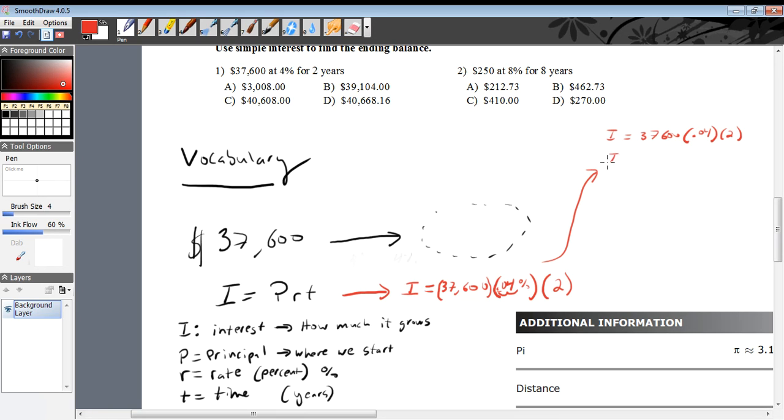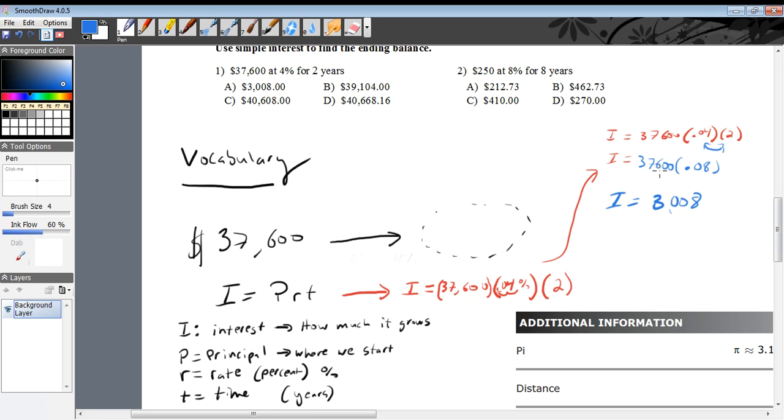It'll be easier to do this multiplication first: 2 times 0.04 is 0.08, and then multiply it times 37,600. So the interest is going to be 3,008.